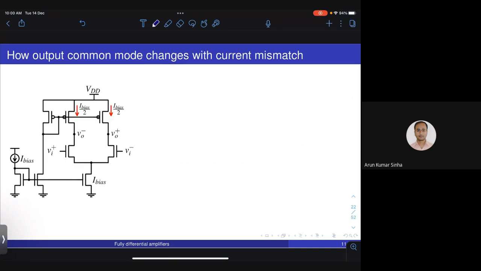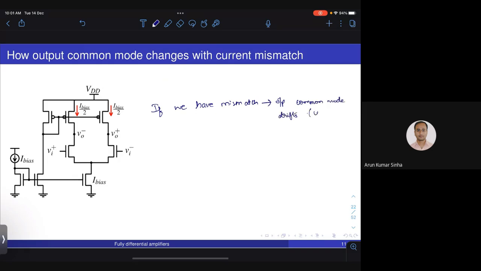So let us look at this circuit. Essentially, what we know is, if we have a mismatch, the output common mode drifts.